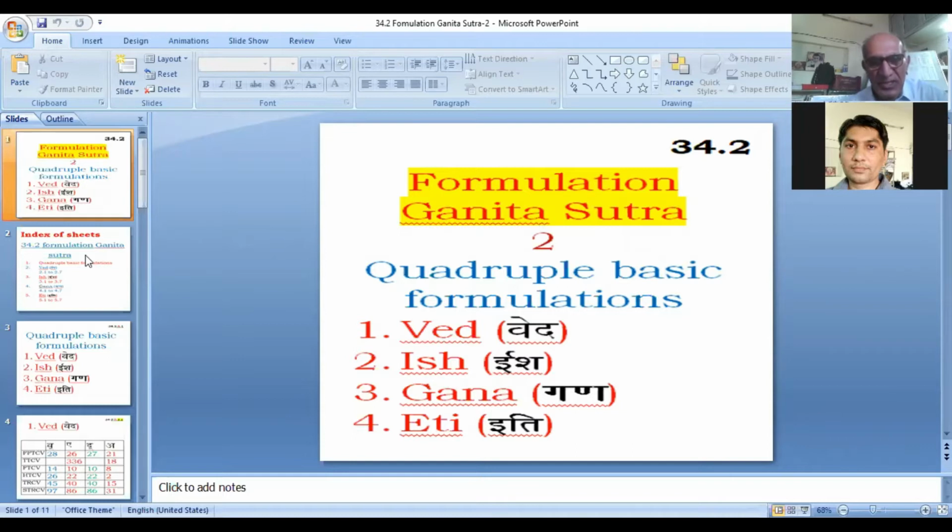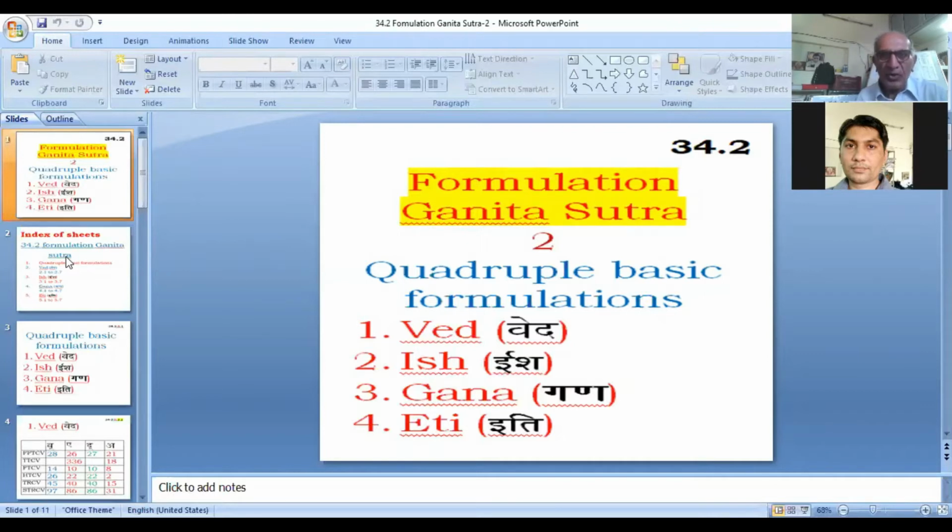This reach is being planned in terms of four quadruple basic formulations: Ved, Ish, Gana and Eti, or the quadruple formulations. These quadruple formulations are the basic formulations.